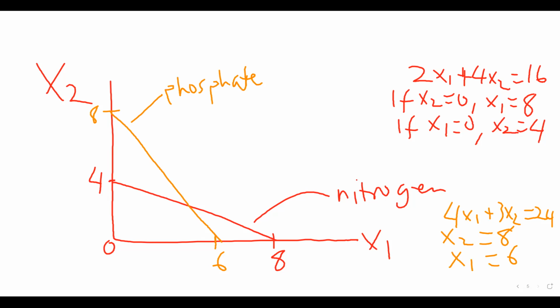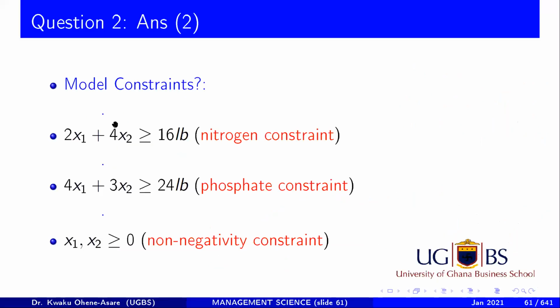Now, you can see that we have these two constraints. And remember the symbol. Let me just take you back to our equation. The equation says that whatever is inside the feasible solution area is supposed to be greater than this 16, the limit.